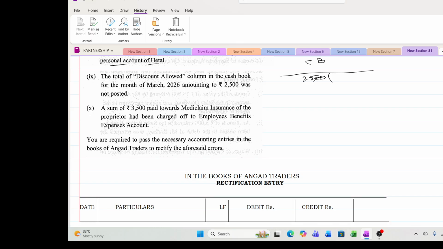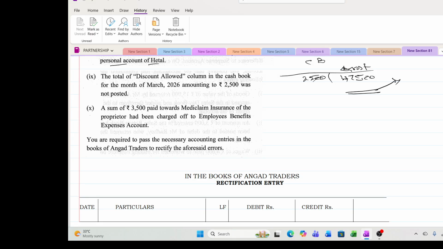Suppose he is making payment for 50,000. So he got a discount of 2,500. So he made the payment of 47,500. This is the amount received. Okay. And this amount gets totaled and then goes to the trial balance. How it goes to the trial balance?